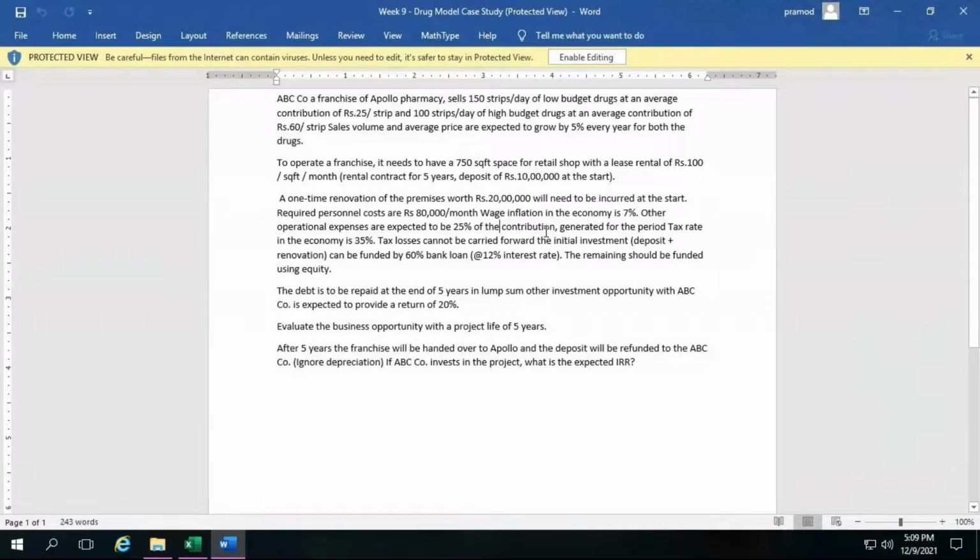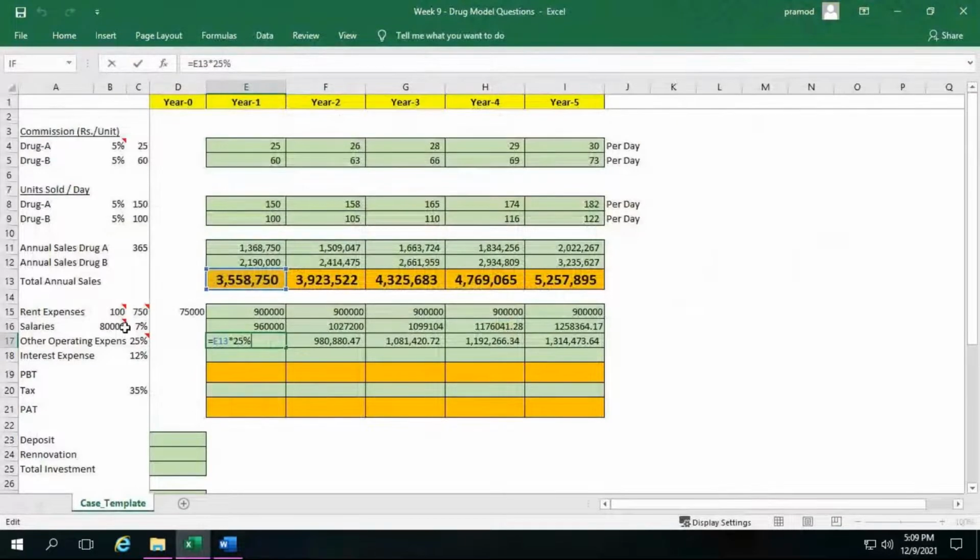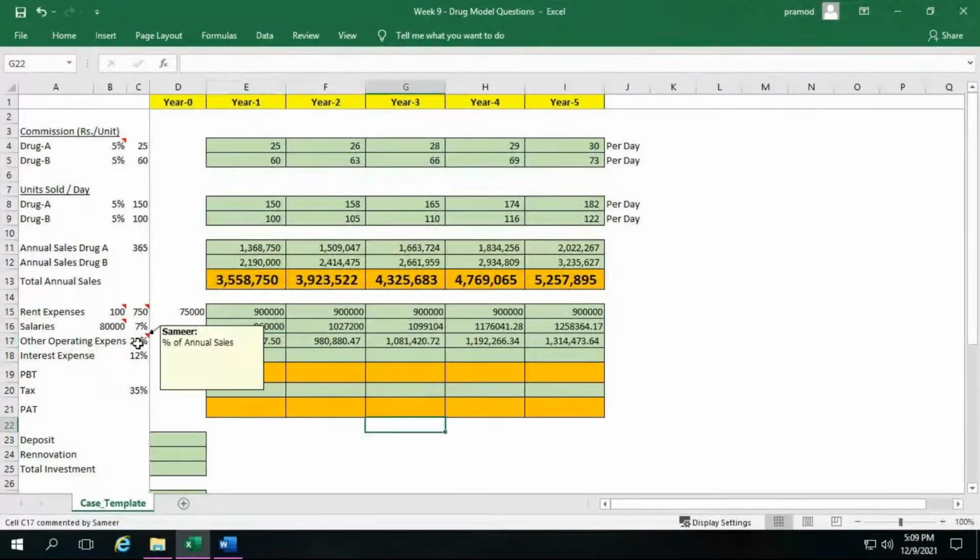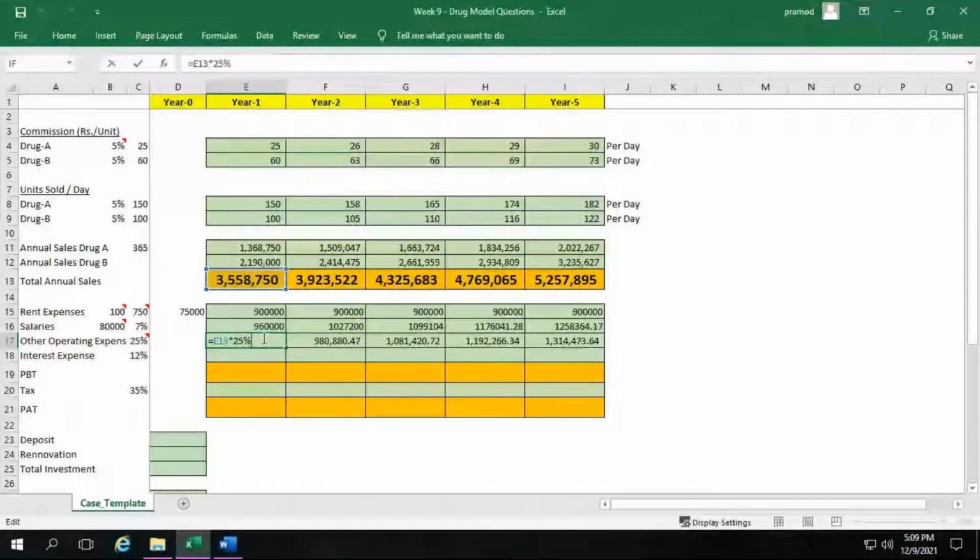It is on annual. When you come to year 5, if you keep the cursor on the comment box, they are telling it is a percentage of annual sales. So the annual sales should have operating expenditures of 25% every year. Okay, sir.